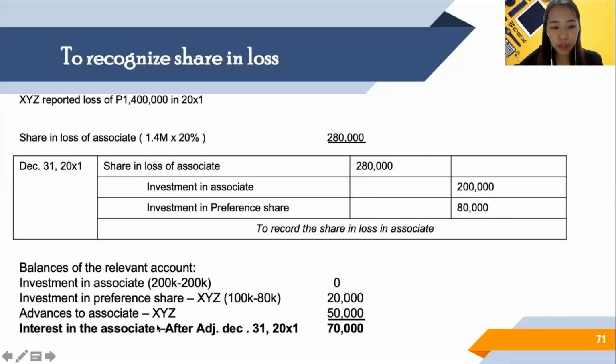And advances to associate 50,000. So, yung interest in the associate natin, after the adjustment, December 31, 20X1, yung 70,000 is yan na yung magiging remaining threshold natin for recognizing further losses.